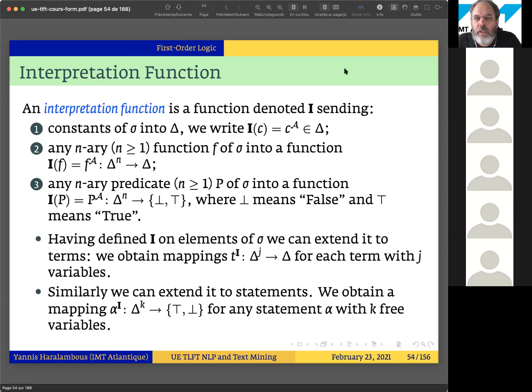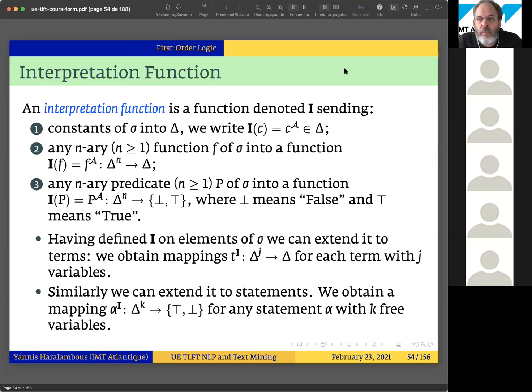And this is very important. Whenever you have a constant, you need to interpret it in some way. So you need to send it to some element of your domain. You can send all constants to the same element, it doesn't matter, but you have to send every constant to some element of the domain.